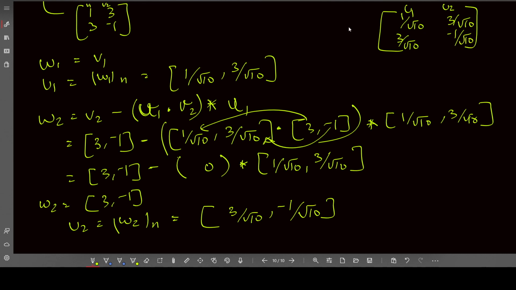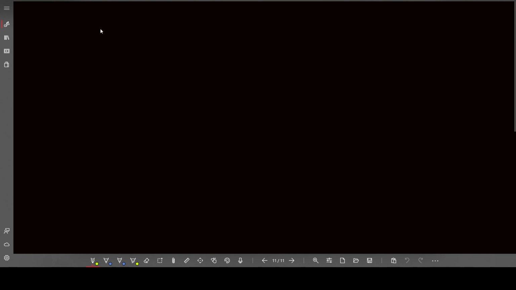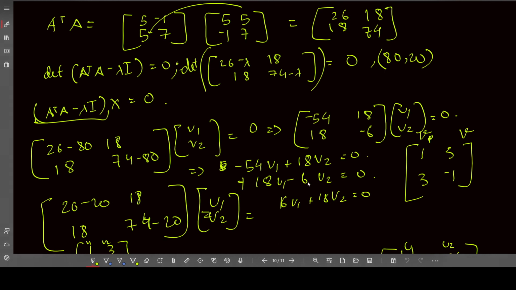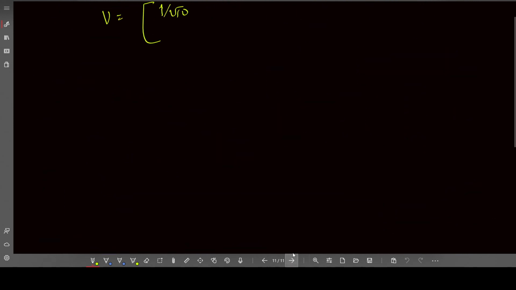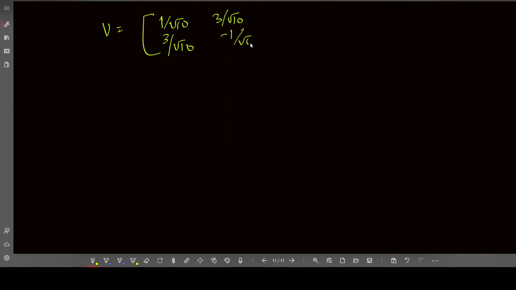Okay, so wait, I'll just go down and write it. So this is my V vector. My V vector that we just found was 1 by under root 10, 3 by under root 10, 3 by under root 10 and minus 1 by under root 10, right?